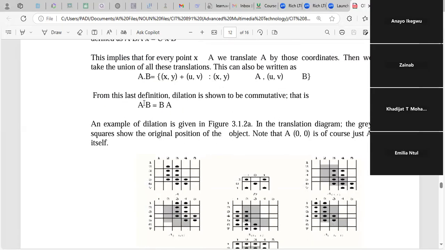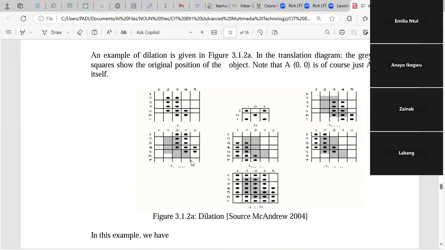Then from the last definition, dilation is shown to be commutative. That is A B equals B A. That is, if you say A times B or B times A, that's what it means. 1 plus 2 or 2 plus 1, that's what it means. So those analyses have been transformed into this value you are seeing here. If you use MATLAB, it will help you to achieve some of this.